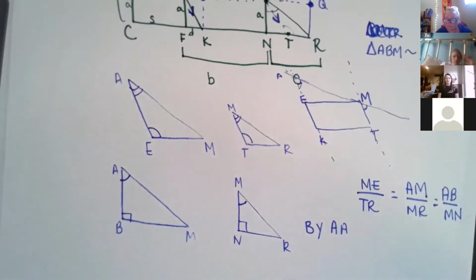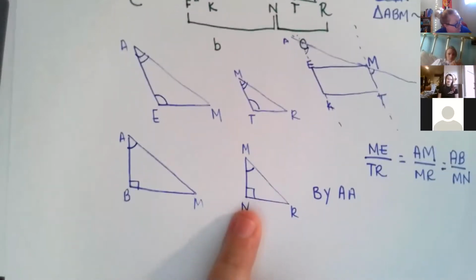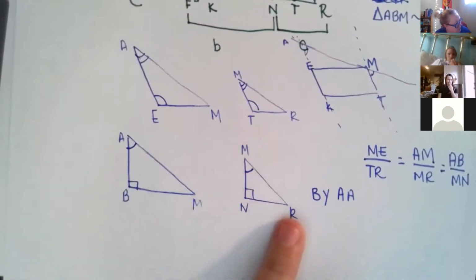Oh, that the similarities are the same is what you're saying. But we're looking at two different triangles now, right? So why is that true? Because M to R is the same in here. Okay, I believe that.